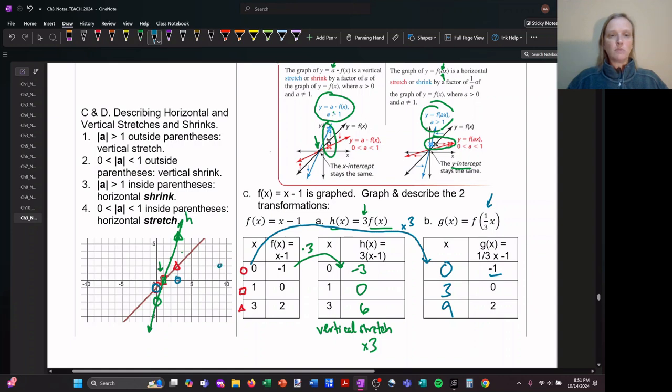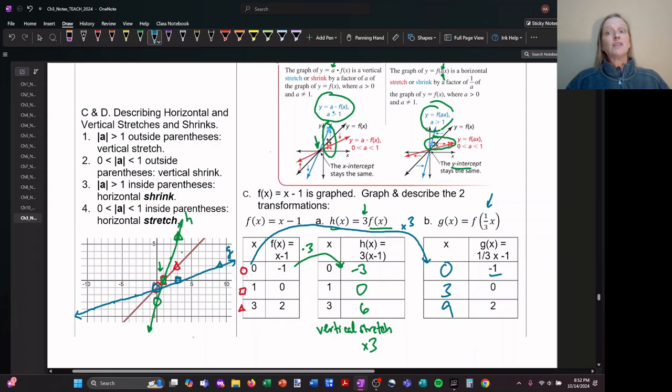Oh, I should have made those different shapes. This is my square, and this is my triangle. And if I just do the best I can to kind of draw a line, let's see, 1, 2, 3 over 1, 2, 3, 1, 2, 3. That gives me a little bit more to go on to hopefully draw a slightly better line. There we go. And that's my g function.